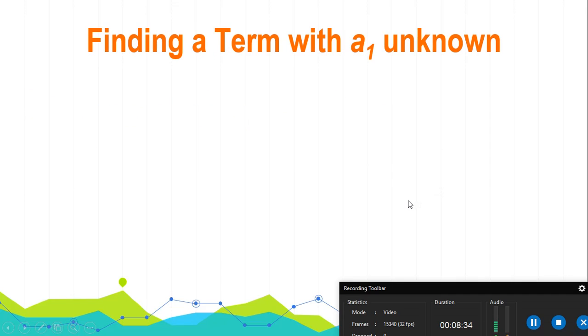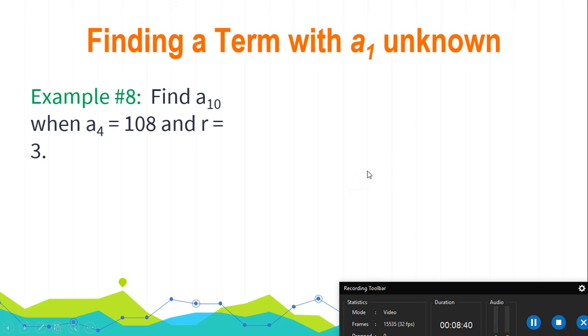Now, our next set of examples is trying to find a term, but I don't know what a sub 1 is. These problems have 2 steps. They want us to find the 10th term. I don't know what a sub 1 is, but I do know the 4th term is equal to 108, and it's got a common ratio of 3. So what we're going to do is deal with the 4th term so we can find the 1st term.